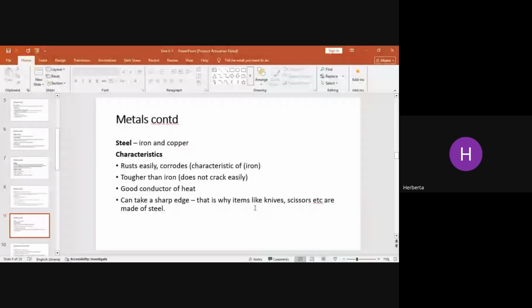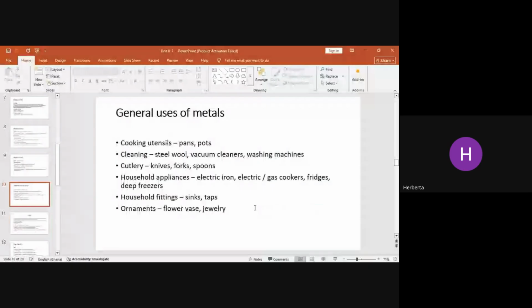They are good conductors of heat, and they can take a sharp edge. That's why it is mostly used in the construction of knives, because they have sharper edges.